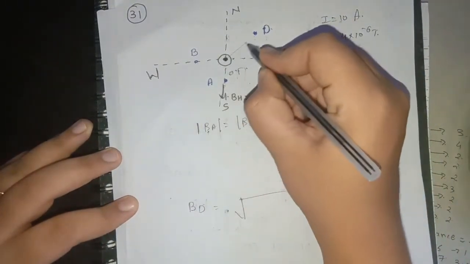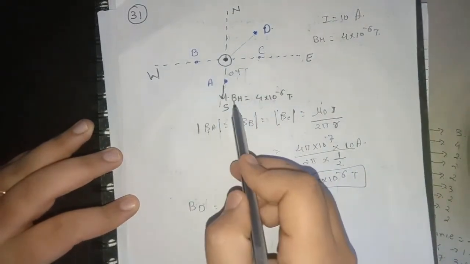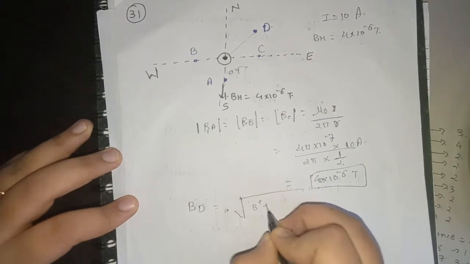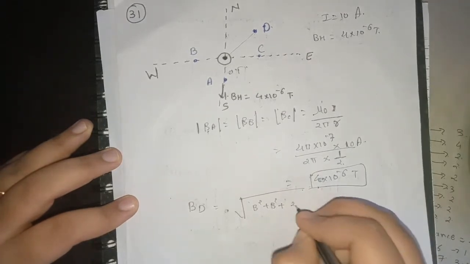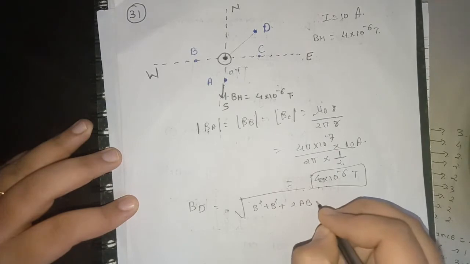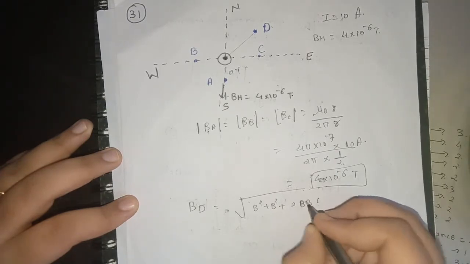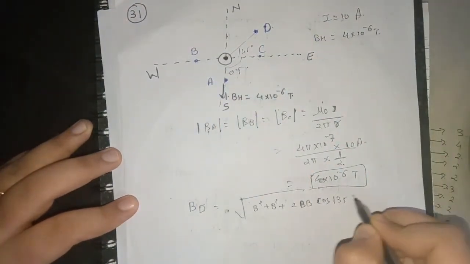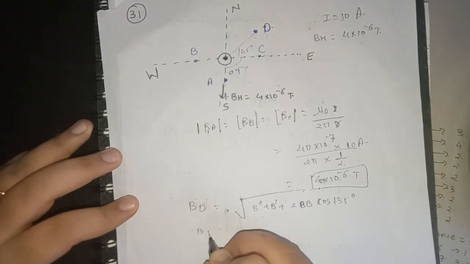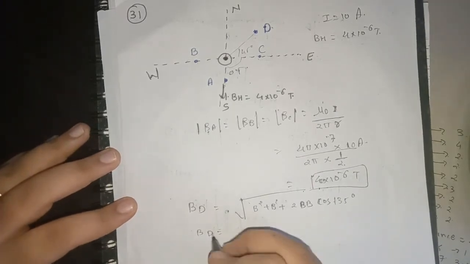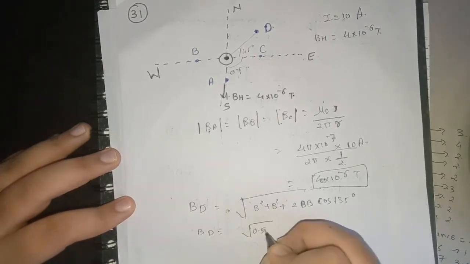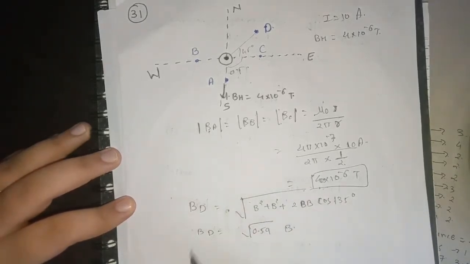The magnetic field due to this conductor is the same as the horizontal component of Earth's field, so it is equal to B. So it is B square plus B square plus 2 B into B cos, where this angle is 45 degree and this angle is 90, so total 135 degree. Simplifying this, we'll get BD is equal to under root 0.59 B.